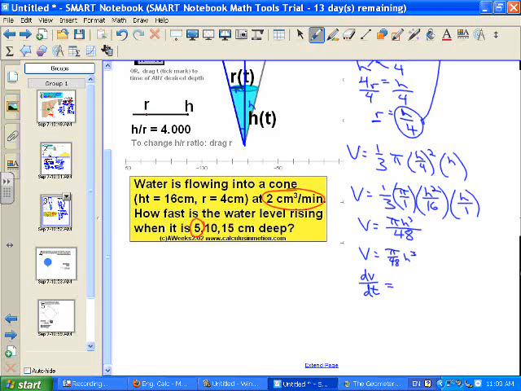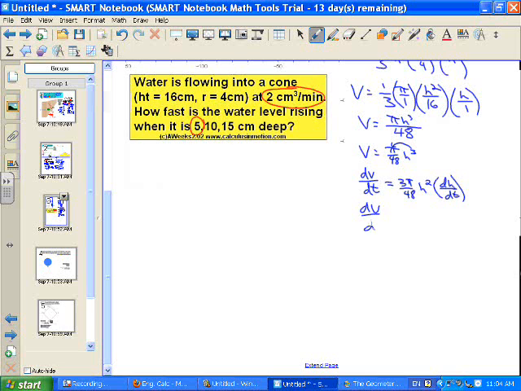Equals, now when I take the derivative of this other side, I'm going to bring 3 across, so 3 pi over 48 H squared times dH over dt. And that simplifies to pi H squared over 16 times dH over dt.